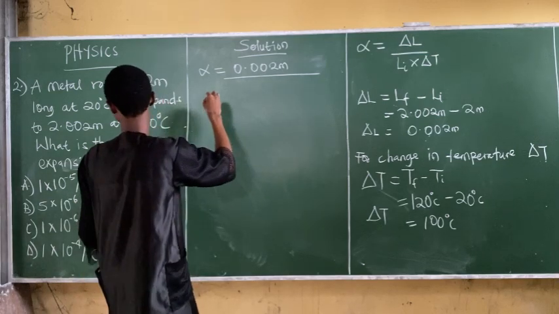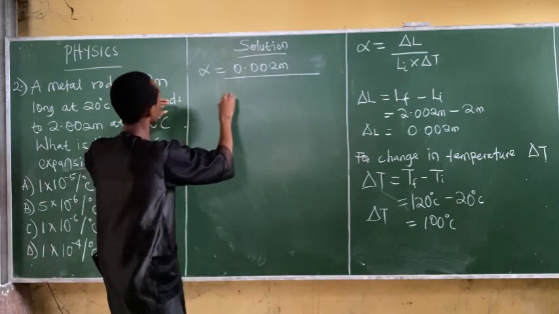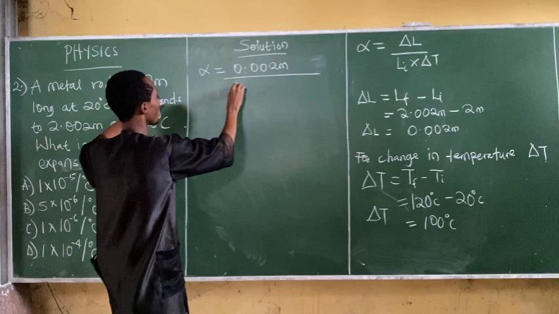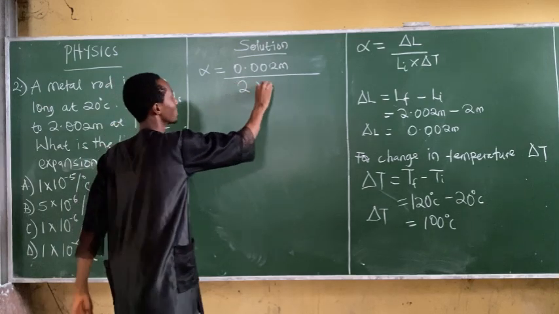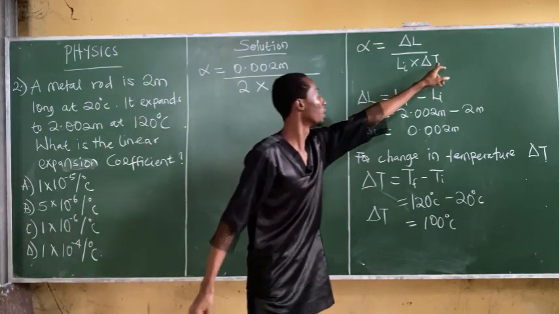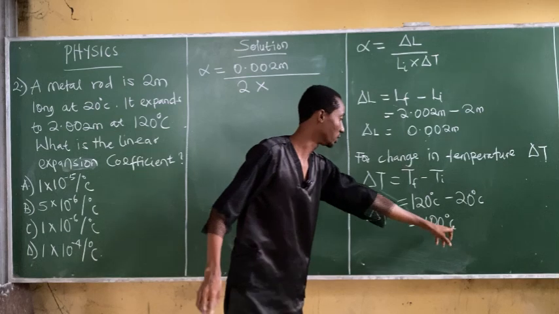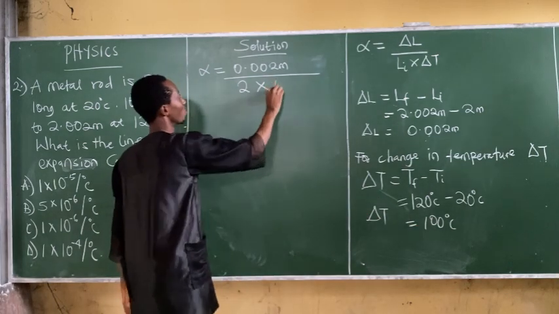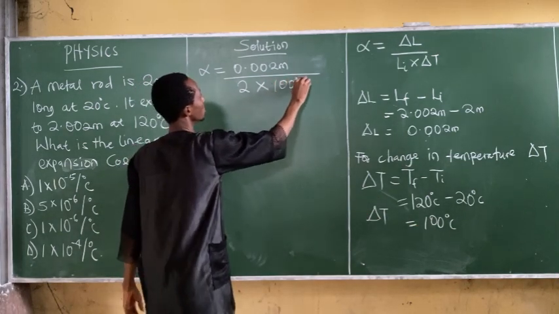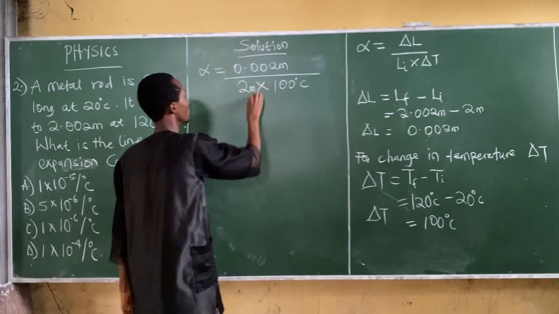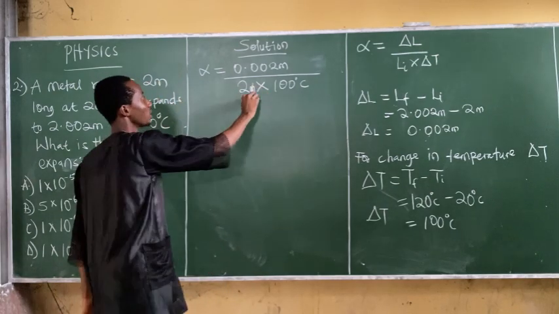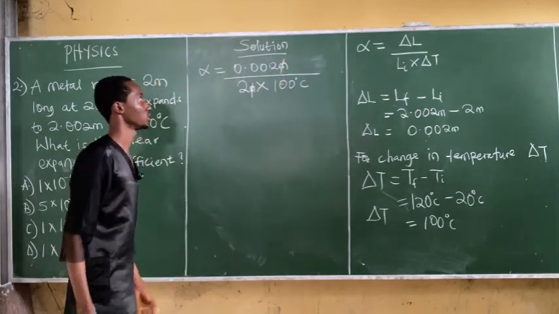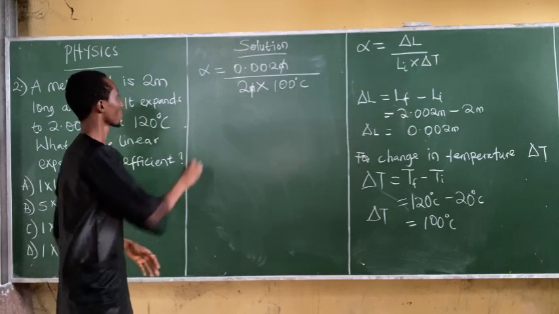The initial length given to us from the question is 2 meters, right? You have 2 times our change in temperature. Change in temperature is 100 degrees Celsius. This is 2 meters. Now, meters will take away meters, right? They cancel out.